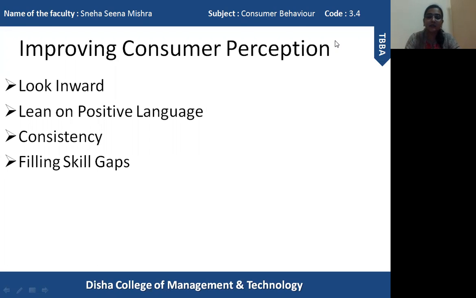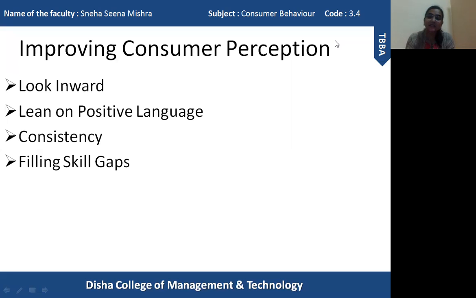Consistency basically means creation of a good image in the minds of the consumers. Now, like I said, creating a proper good corporate image is not an easy task. It is also expensive and very difficult. So the company must have consistency, meaning the way they approach the consumers, they create a set of standards for the products.